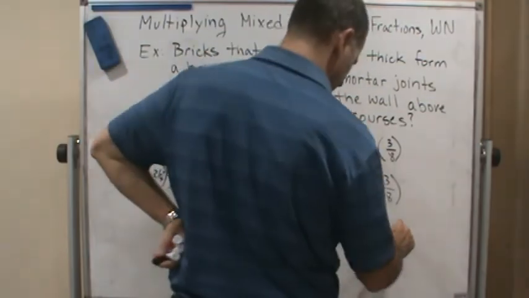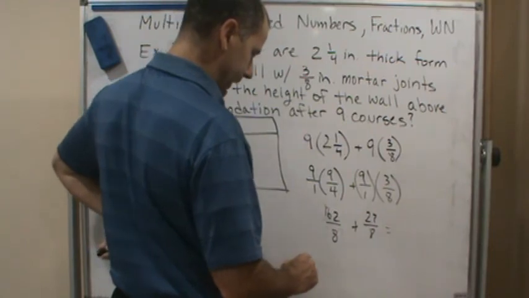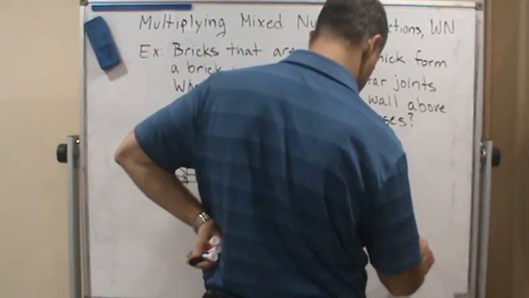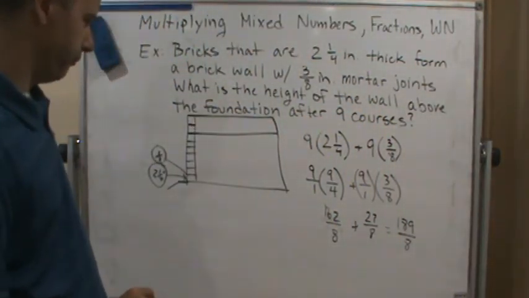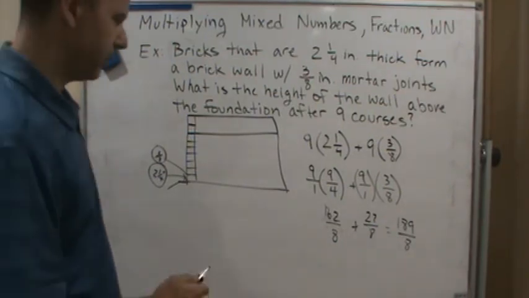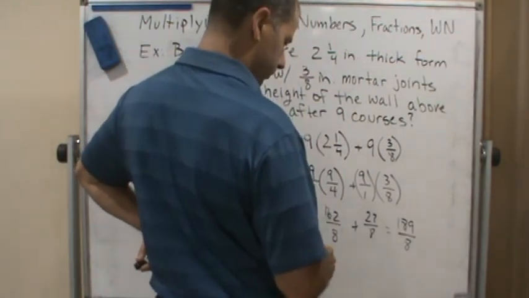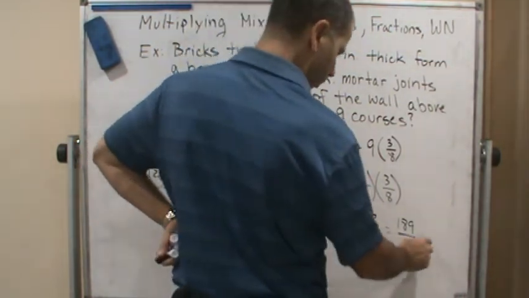And then I'm going to add these together and I get what? 189 over 8. So 189 over 8. And so now I'm going to change it to a mixed number. I don't believe I can reduce this, but we'll see. So what does this equal?